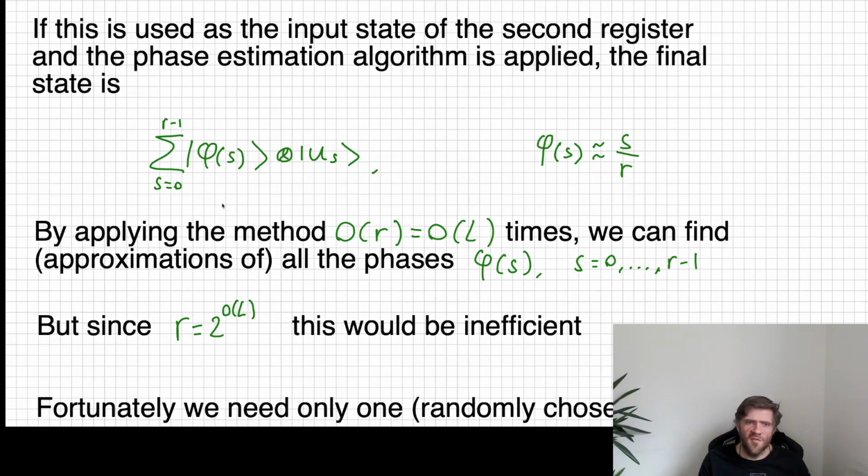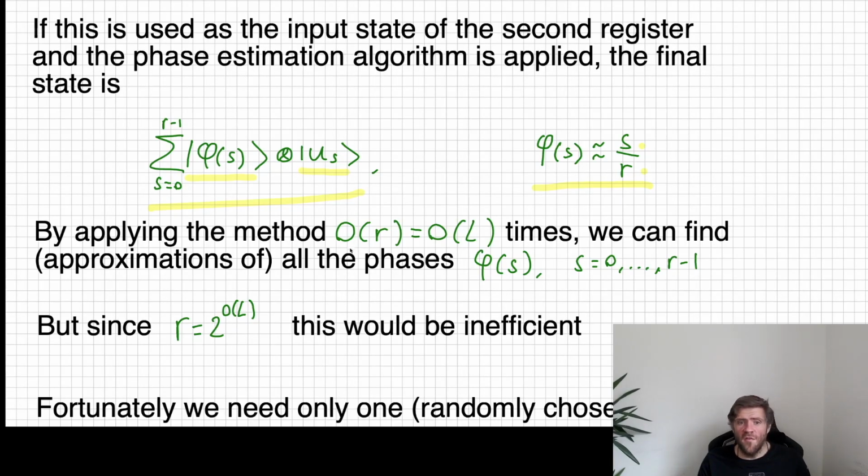We're going to get a superposition of these eigenstates entangled with their phase written on the first register. And these phases are all approximately equal to s over r, where s is the eigenstate and r is the order of x modulo n. The reason it's approximate is because we didn't necessarily use enough qubits to perfectly capture these values.